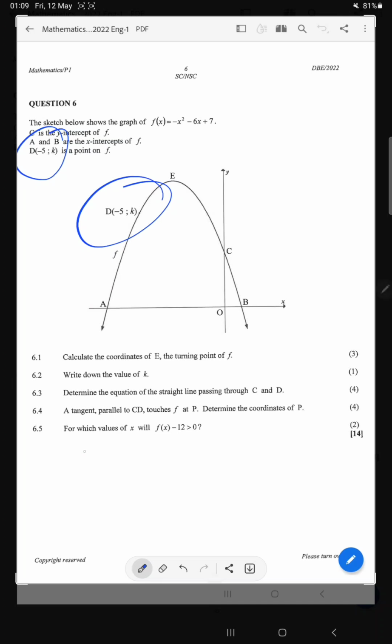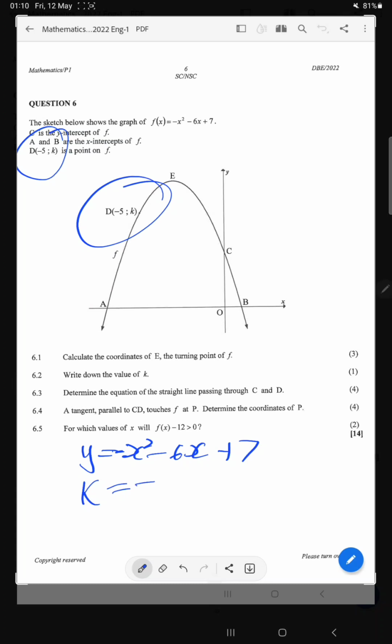Therefore, y equals minus x squared minus 6x plus 7. Y is equal to k because it's the y coordinate.